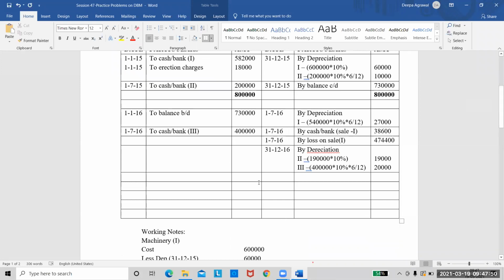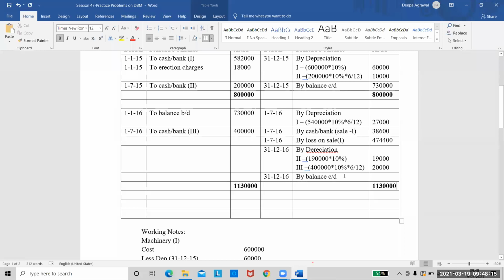I'll have to balance my account. So before balancing the account, we'll write the entry for balancing the account. By balance C by D, and then we will put the totals on both the sides in bold. So see my total, it would be 11,30,000.